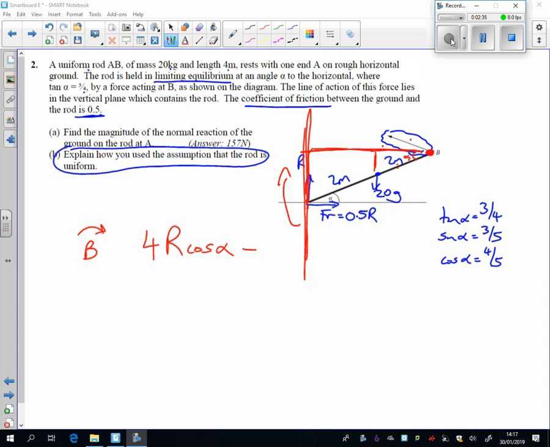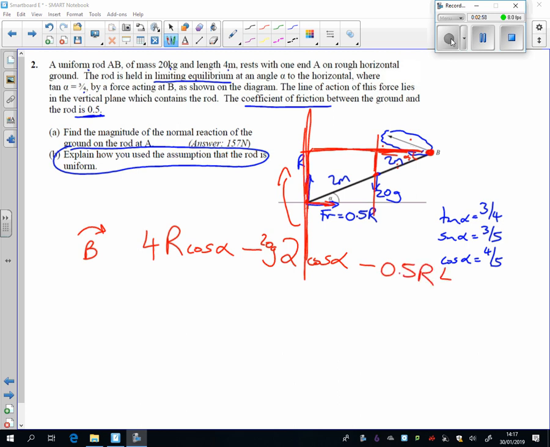Going anti-clockwise, we've got this weight here. The distance to that force is 2 cos alpha, and we're multiplying that by 20G. We've also got another force going anti-clockwise, this one over here, the 0.5R.